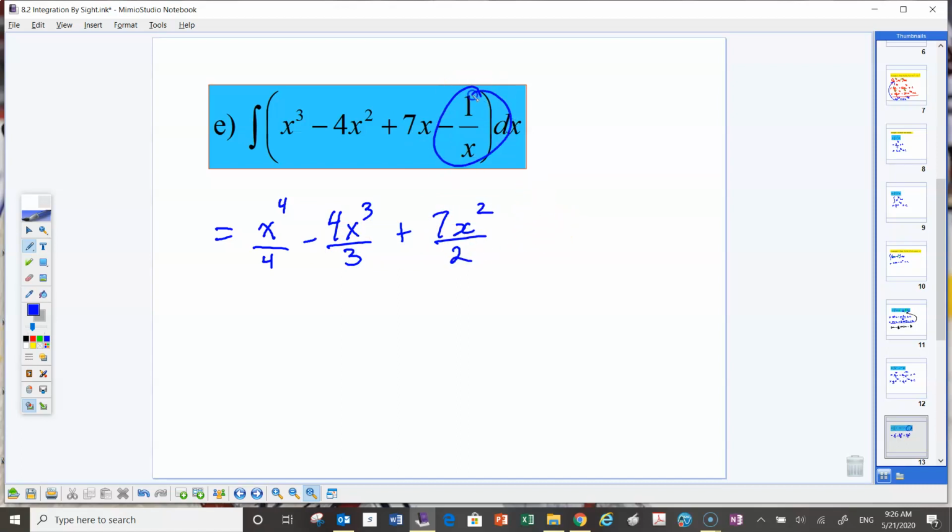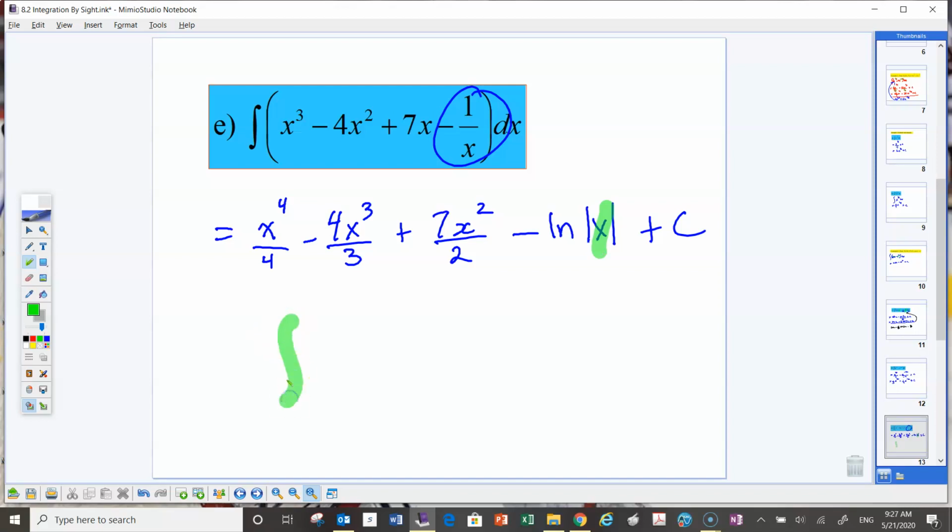Now this one, bells and whistles should be going off, because if you move that x up to the top, you get x to the minus 1, so I can't add and divide because I'll be dividing by 0. This is that special case. This is ln absolute x, plus a constant. And why do we have to put absolutes here? Because I'm only allowed to take the logarithm of positive numbers. So that would be my final answer.